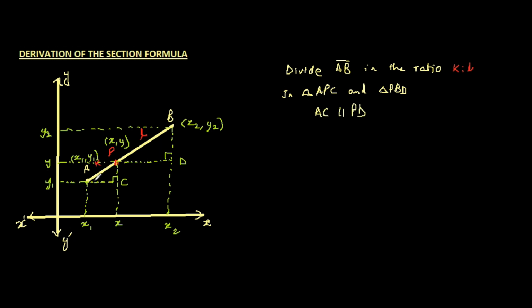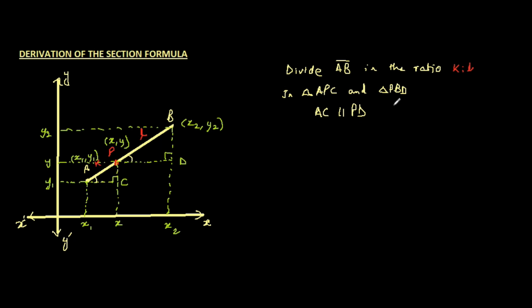And why are they parallel? Because they are both forming a 90-degree angle. They are both perpendicular to the same perpendicular lines that we dropped from P and from B. Because they are parallel lines, AB happens to be a transversal between them, and therefore this angle that we have here should be the same as this angle that we have here, because they are corresponding angles on the same side of the transversal and on the same side of the parallel lines.